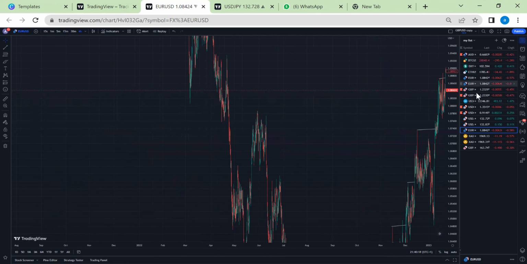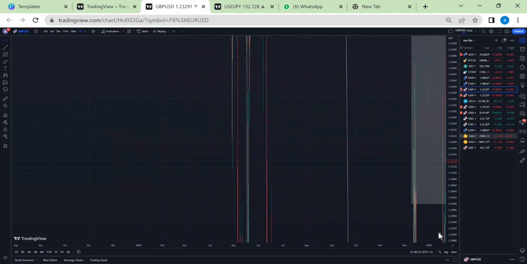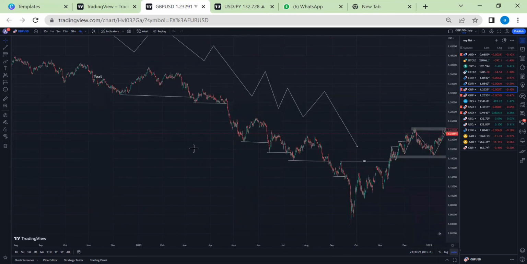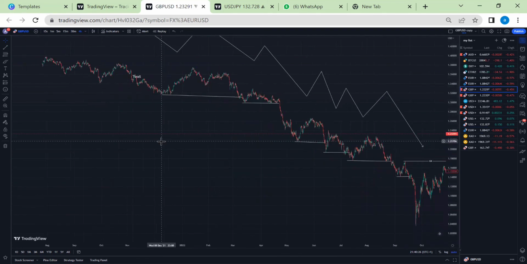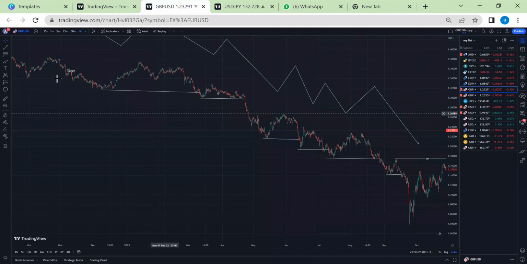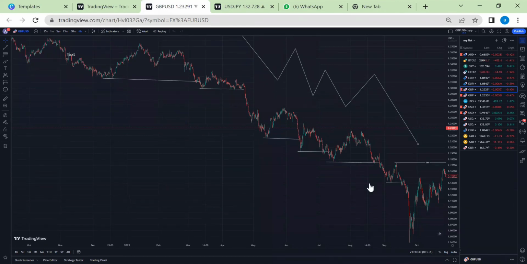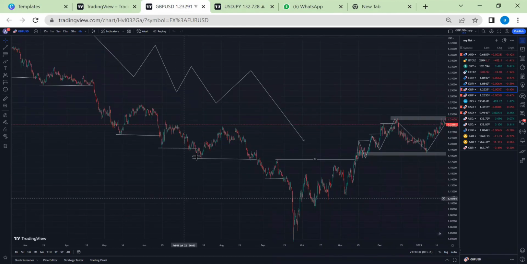I think we had downtrending market on GBP yesterday, right? We have downtrending market. This is our example on GBP yesterday, right? Yeah, this is it. So let's look at this, or let me take it from here to here. All right, this is leg of price.